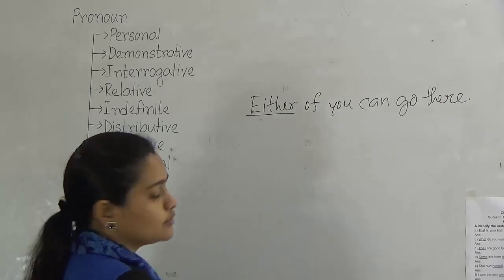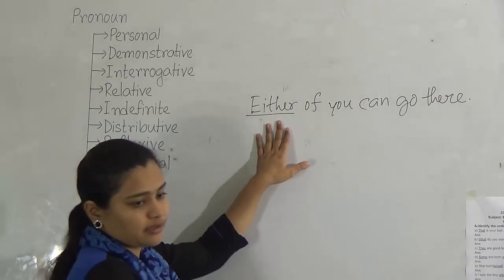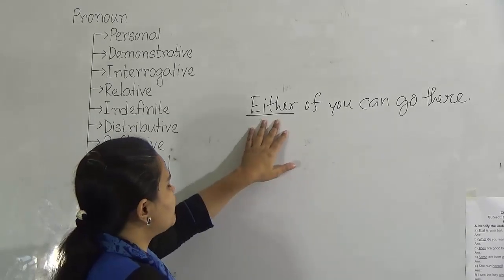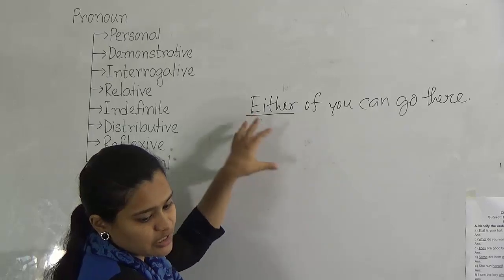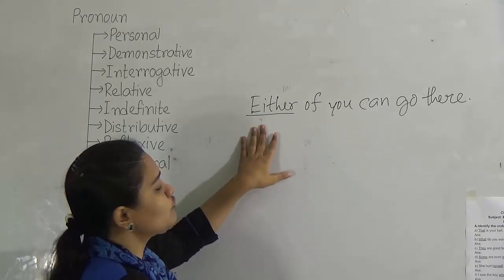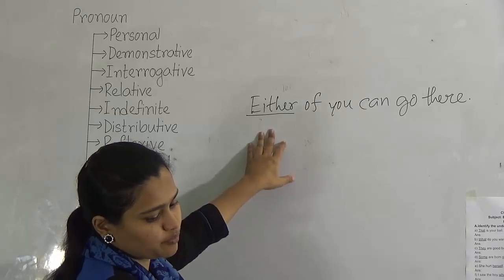Either of you can go there. That means anyone can go there. That means in a group of people, anyone can go there. That means we separate the person from a group of people. That's why it is a distributive pronoun.